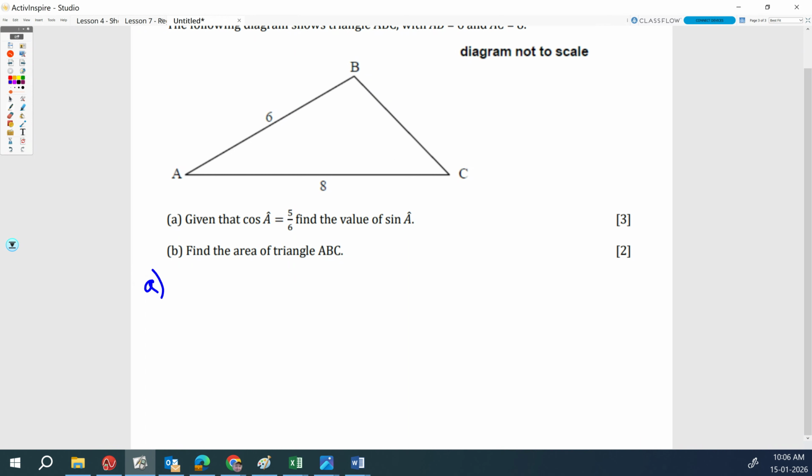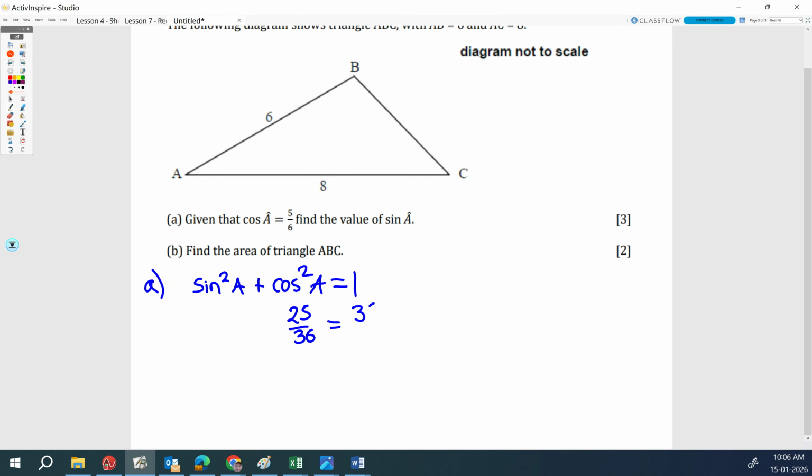What you need to do here is there's a couple of ways to solve it. The best way of solving it is with the Pythagorean identity. So using the Pythagorean identity, we get that sine squared of A plus cosine squared of A is equal to 1. So I would stop here. I would put in our different values. We get 25/36.